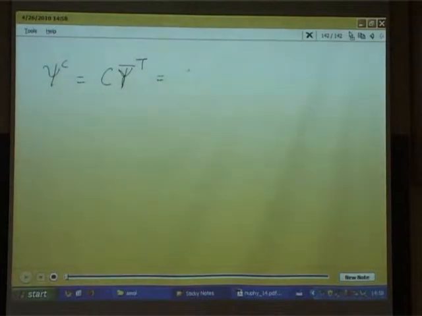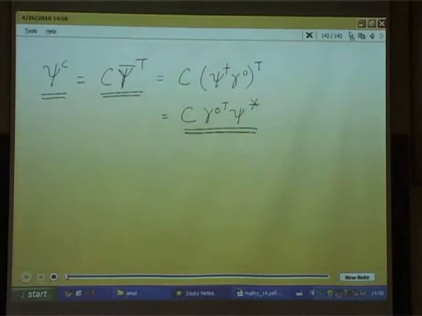But we know what psi bar is. It's the transpose of psi dagger gamma 0. And this is equal to C gamma 0 transpose, which is gamma 0, sorry, gamma 0 is gamma 0 transpose. And psi dagger transpose is psi star. So this can be written like this.